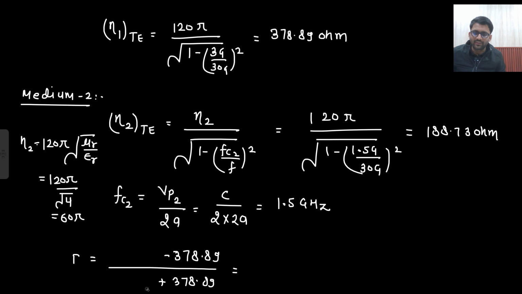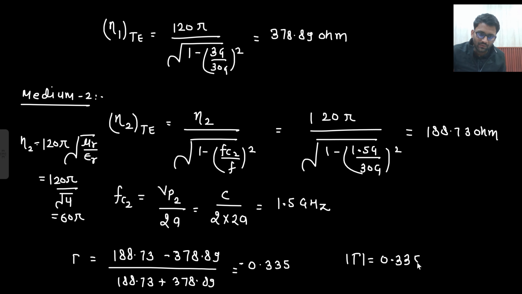So 188.73 minus 378.89 divided by 188.73 plus 378.89. So you are getting 0.335. Mode of gamma, if we calculate, this is minus. So if I calculate mode of gamma, you are getting 0.335.